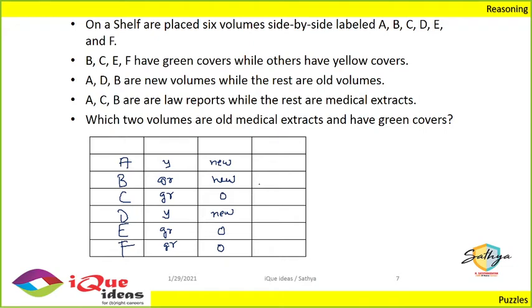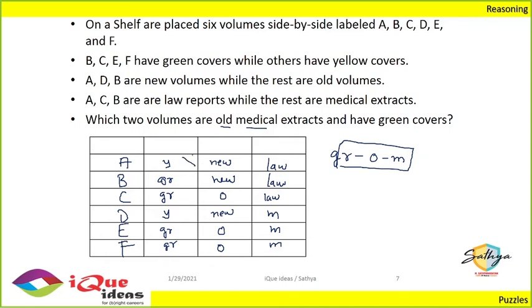A, C, B are law reviews. A, C, and B are law reviews. The rest are medical extracts. So now I have sorted all of them. Simple, old, medical, green. So basically I'm looking for a row which says GROM. Which ones say GROM, right?